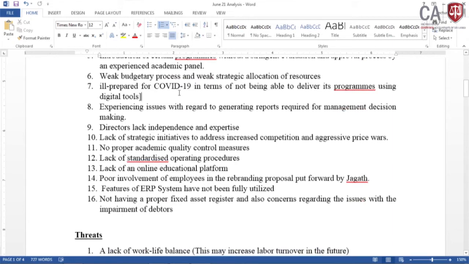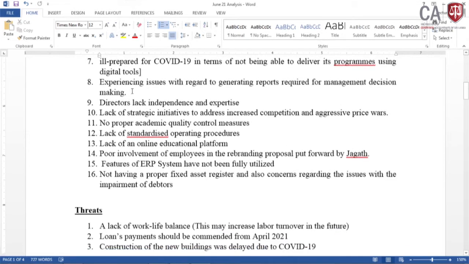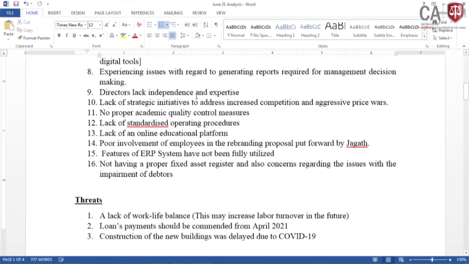So, it is a weakness. They were unable to face this COVID-19. One of the contributing factors was that internally they did not have the required infrastructure. Number 8, experiencing issues with regard to generating reports required for management decision making. Again, internal system weaknesses.